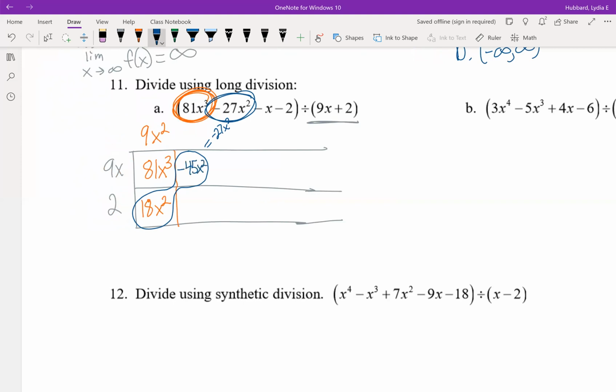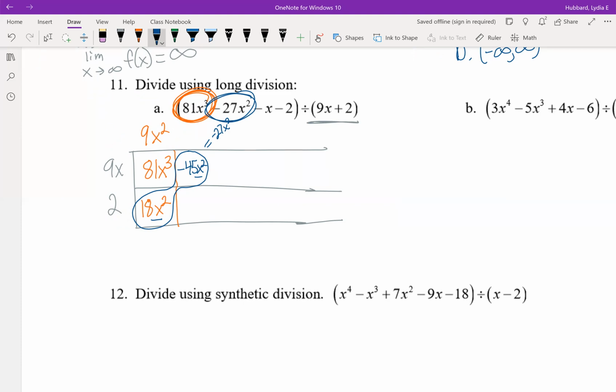Please make sure that whatever's in this little diagonal, that those are like terms. They're like terms because they both have an x squared attached. If they're not like terms, you've done something wrong. Okay, so that has to add to a negative 27x squared. Okay, and we can double check 18x squared plus negative 45x squared is negative 27x squared.